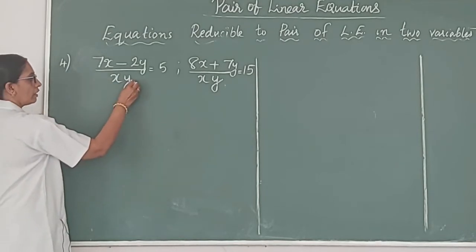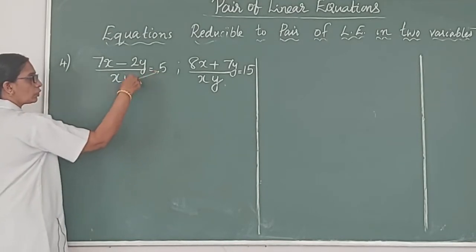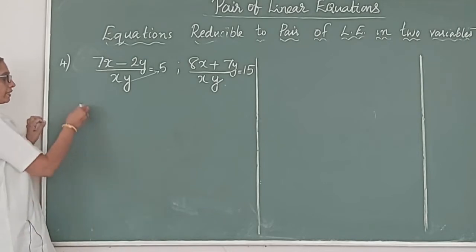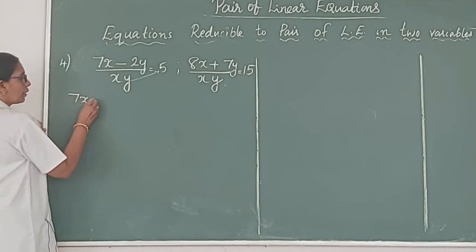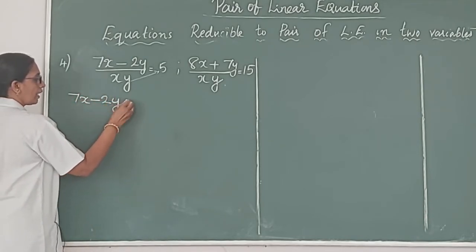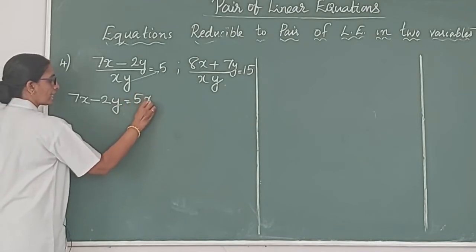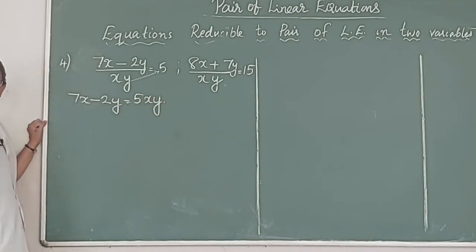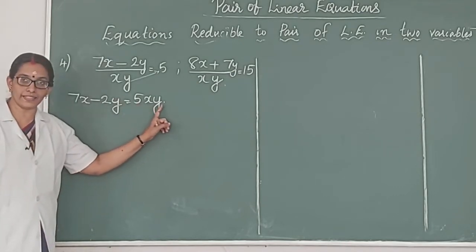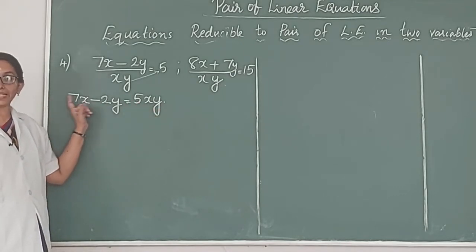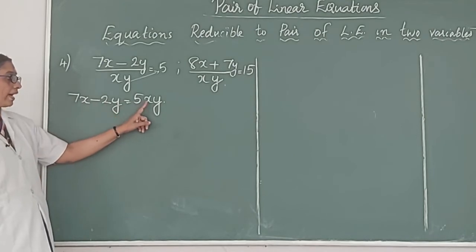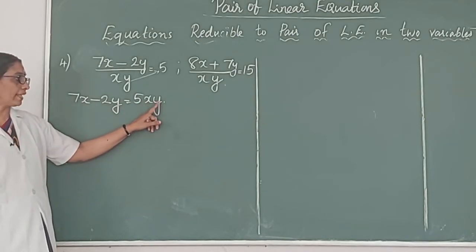If we take this xy to the right side, what do we get? 7x − 2y = 5xy, isn't it? You may think of this as a linear equation, but it is not, because here we have two variables in a term.